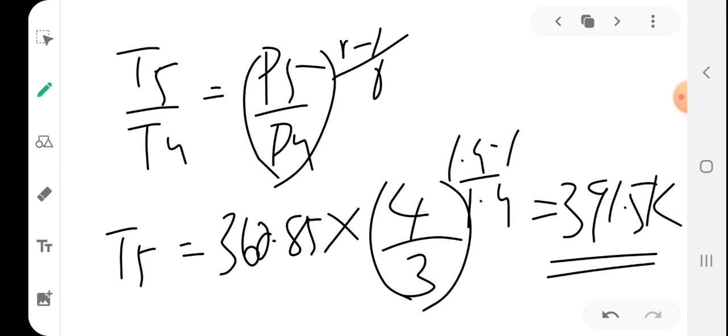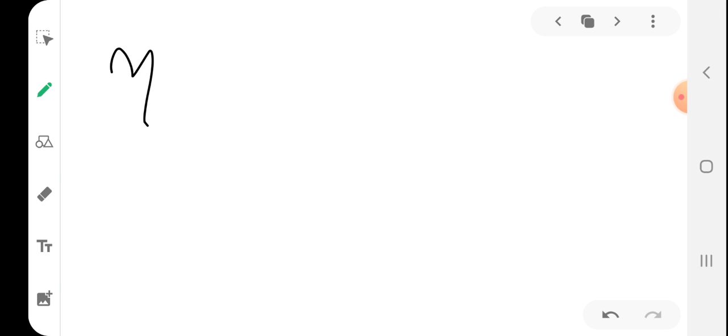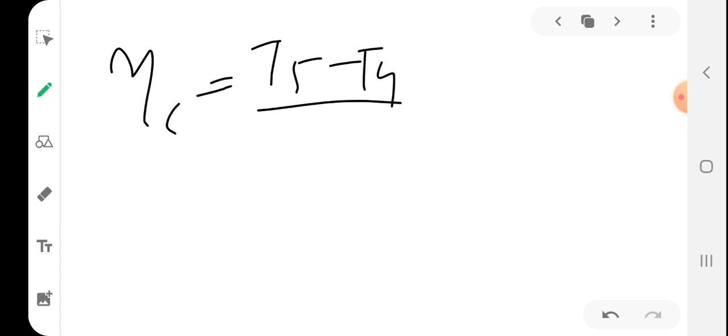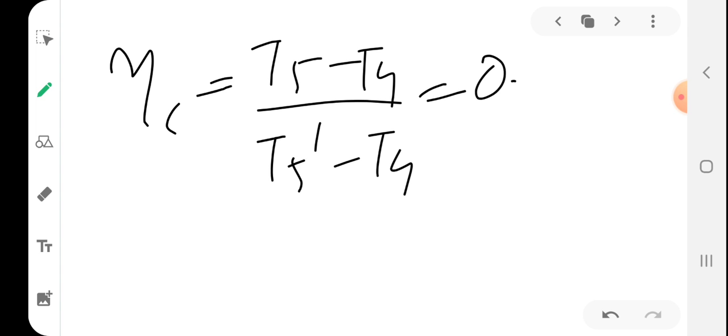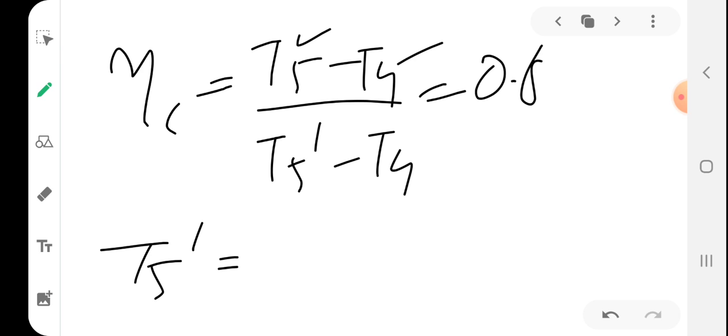Okay, 391.5 Kelvin. But compressor efficiency is equal to (T5 minus T4) by (T5 dash minus T4), and that is equal to 0.8 again, and T5, T4 are all known.